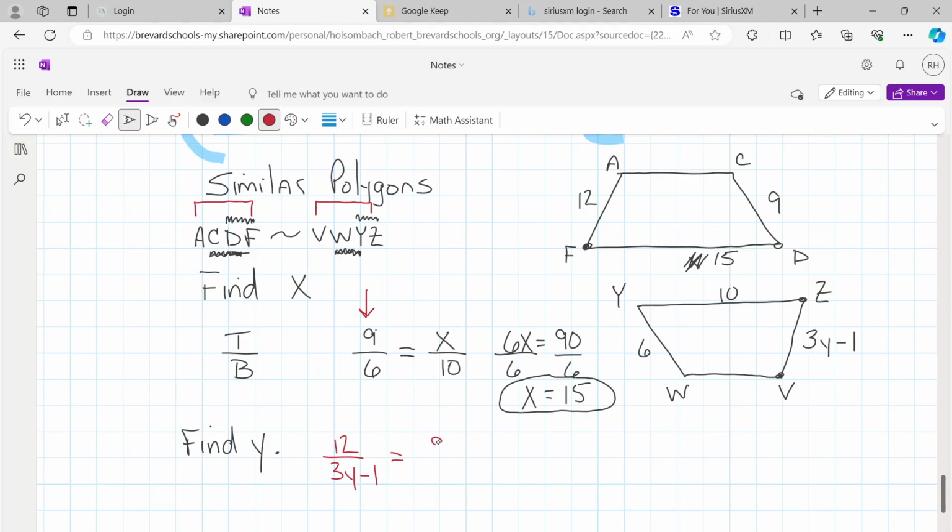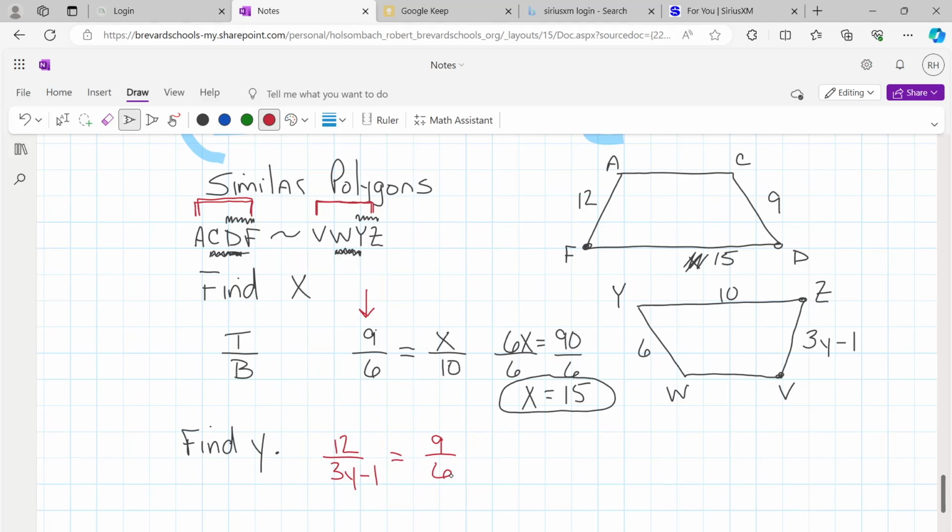So we'll set it equal to 9 over 6. Everybody okay with that? Again, we went top shape over bottom shape equals top shape over bottom shape. From our similarity statement, we know which sides correspond.